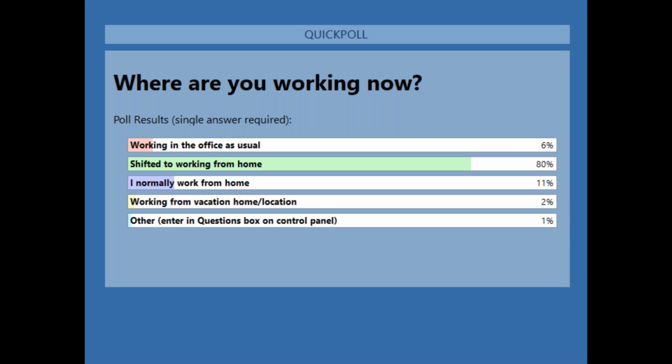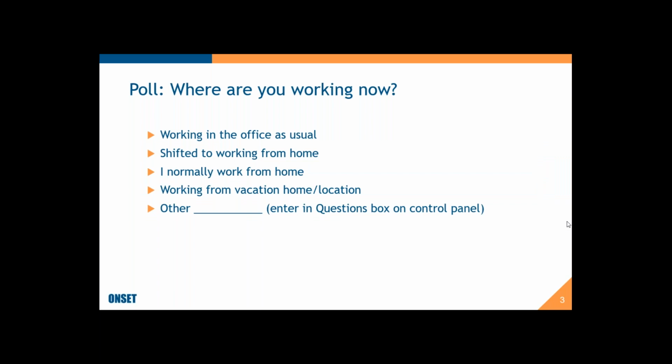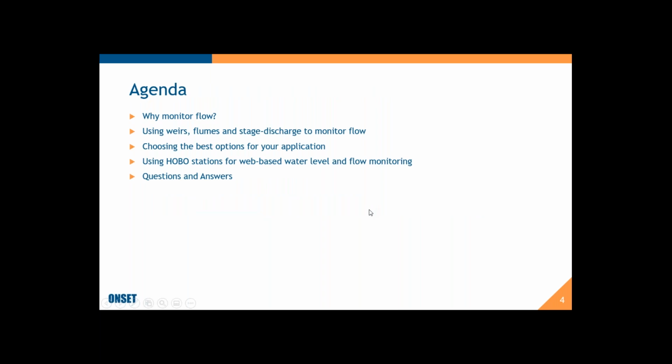Keeping safe, hopefully preventing the spread and containing things, and hopefully we'll get things under control and come out of this shortly. I hope you are seeing our presentation again. Let me continue on. Thanks for participating in that poll.